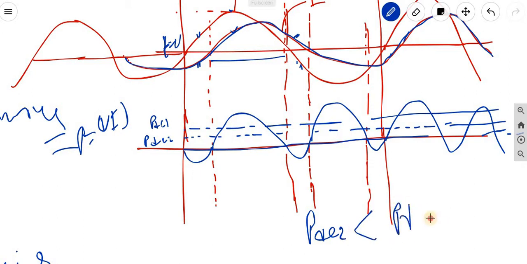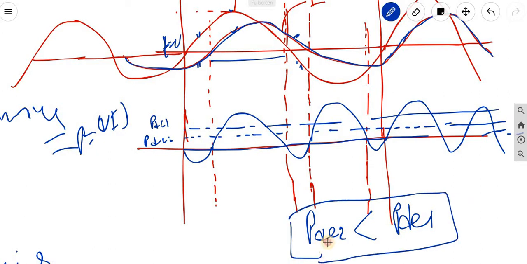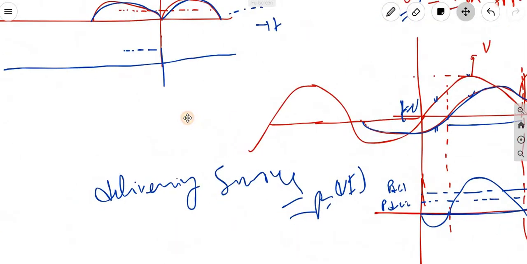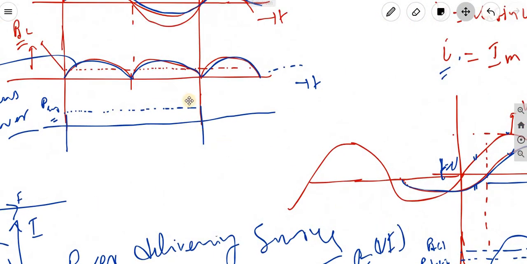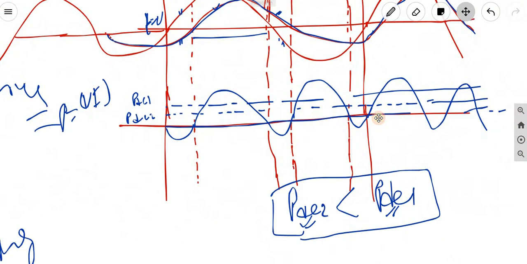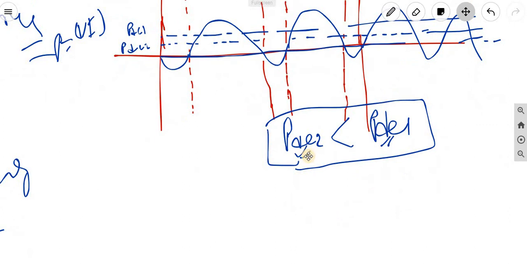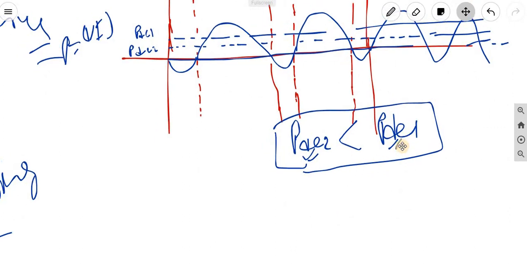PDC1 means for the first case, the power delivered to the load. For the second case, the power delivered, anyway it will not be the same as the average power delivered in the first case, and for the second case it will obviously be lesser than the first one.